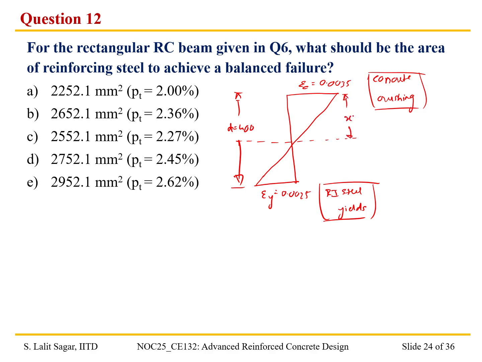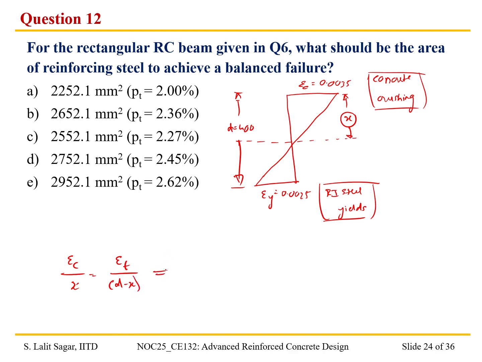So from this neutral axis depth, we can find out the remaining aspects of the balanced section. So let us first find out the depth of the neutral axis, right? That is epsilon c by x is equal to epsilon t divided by d minus x.